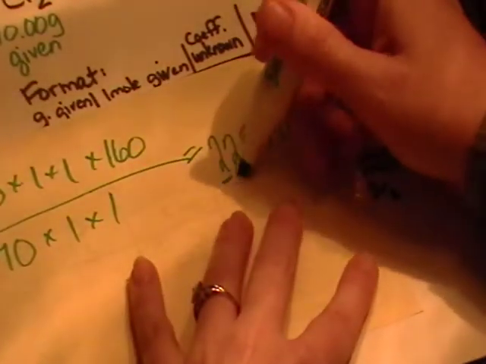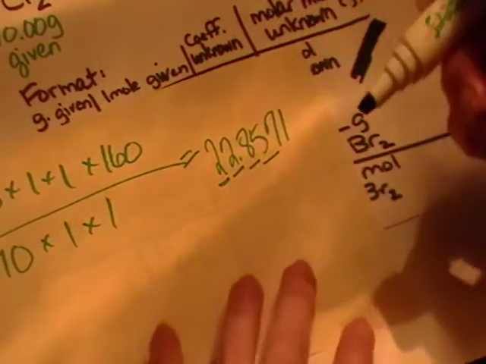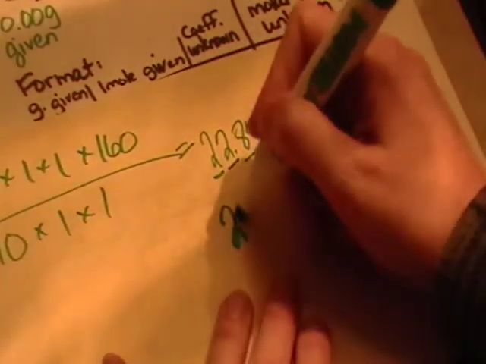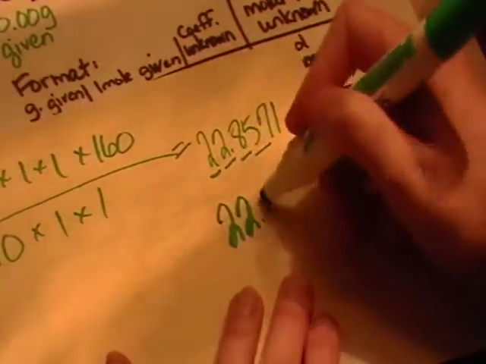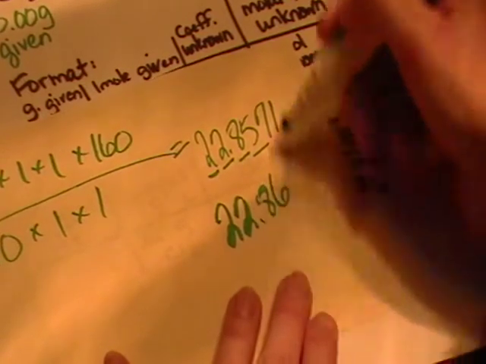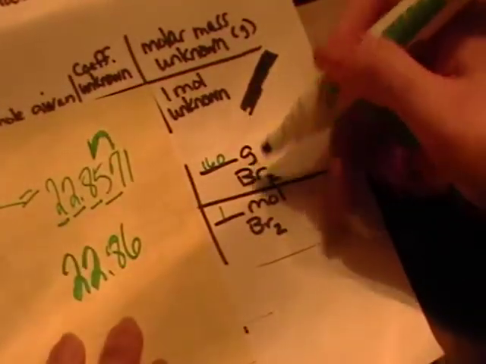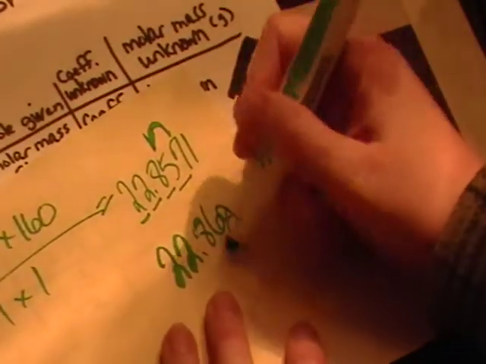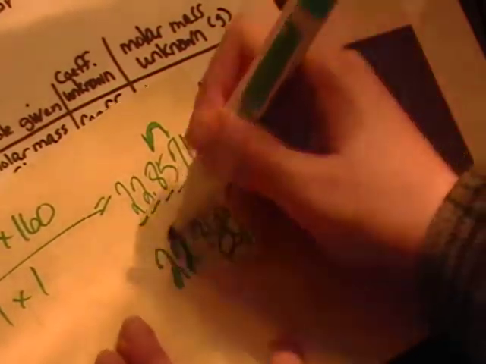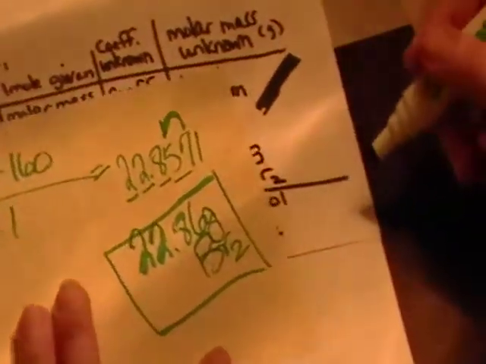So I have 22.86, watch out, because the 7 rounds up. And the units are over here. I have grams of bromine. So that is my final answer.